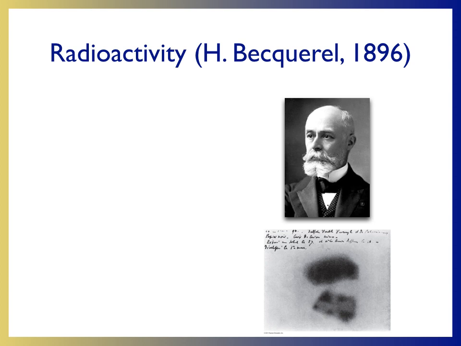He wrapped a sample of uranium up and stored it in a drawer with his photographic plates, and discovered an image of the wrapped package on the photographic plates a day later. He noted that in the dark drawer, the photographic plates were not exposed to light, but were exposed to the natural radiation that came from the uranium sample.